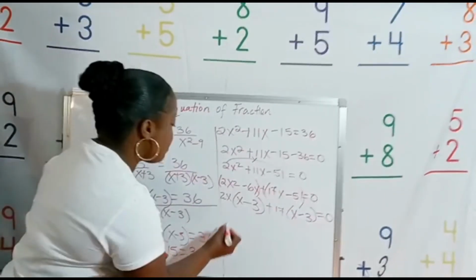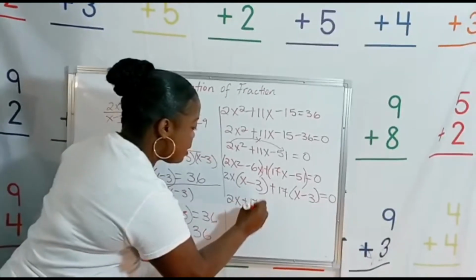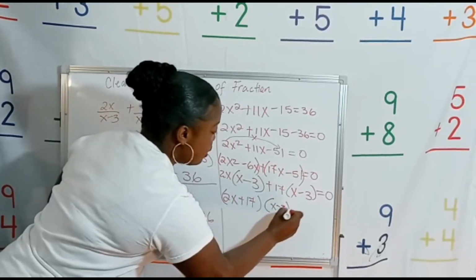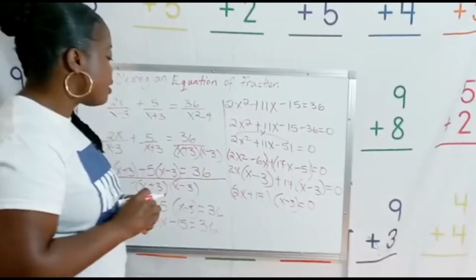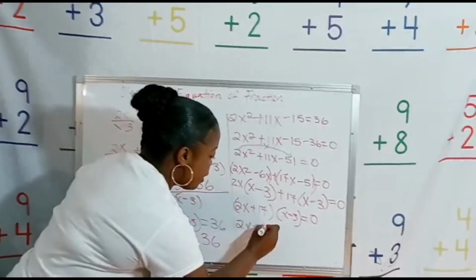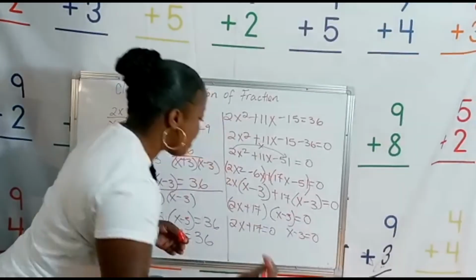So now that I have this, I can write this as 2x plus 17 multiplied by x minus 3 is equal to 0. Now, I can solve for x. I'm going to set each of these two expressions equal to 0. x minus 3 also equals 0, and then I can solve.